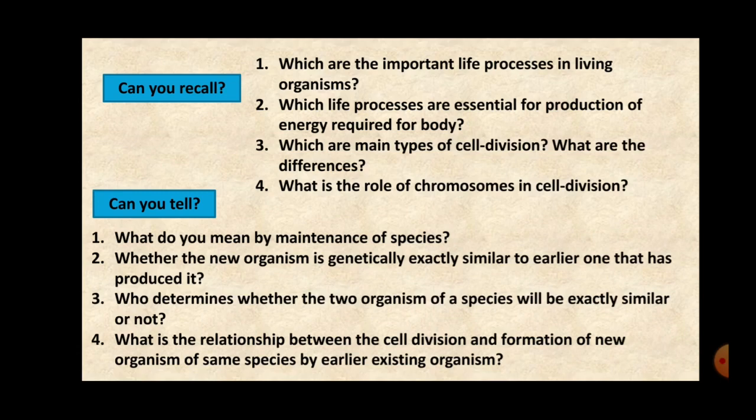similar to the parent. Fourth one is, what is the relationship between the cell division and formation of new organism of the same species by an earlier existing organism? Now, in the process of reproduction, the division of chromosomes takes place, right? Due to cell division, the gametes are formed, right? And when these haploid gametes fuse together during fertilization, the new diploid zygote is formed, right?